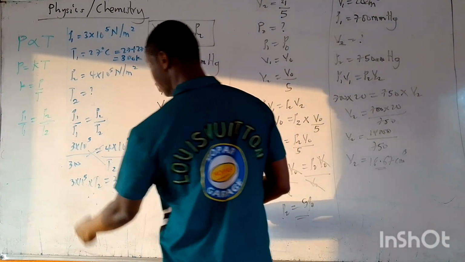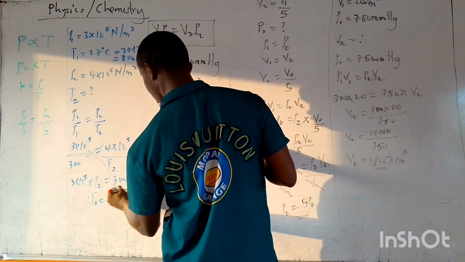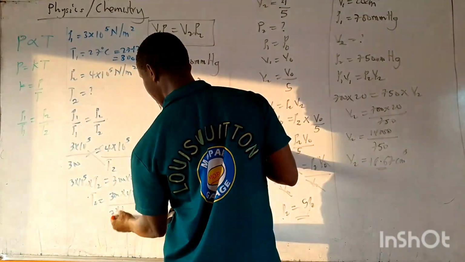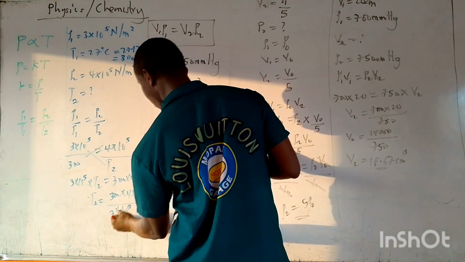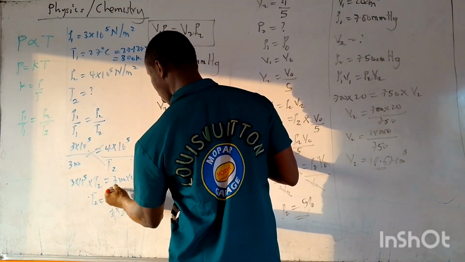So T2 will be equal to 300 times 4 times 10 raised to the power 5 all over 3 times 10 raised to the power 5. The 10 raised to the power 5 cancels, and 3 into 300 is 100.